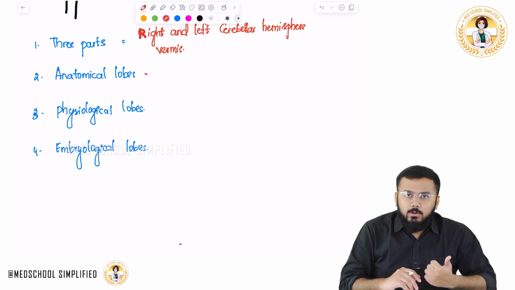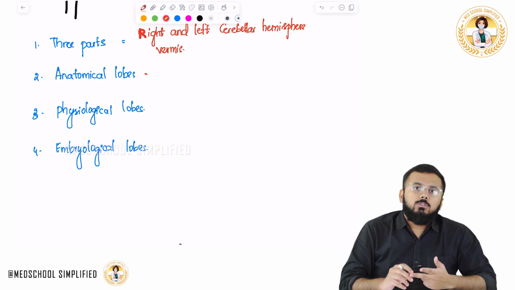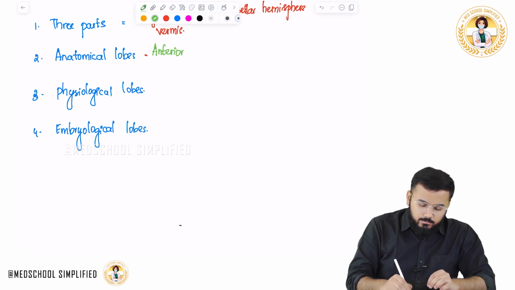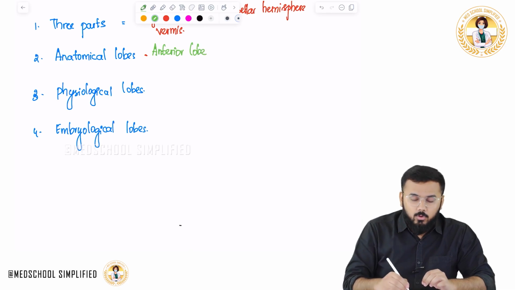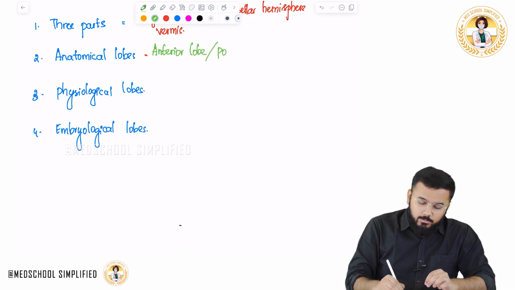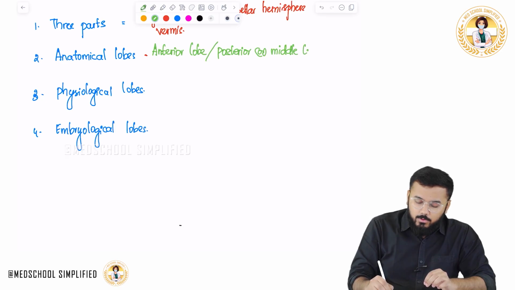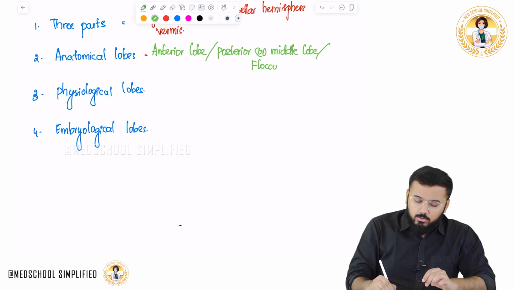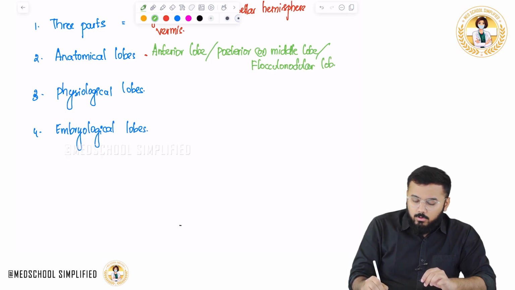One is the anterior lobe, another is the posterior or middle lobe, and the third one is called the flocculonodular lobe.